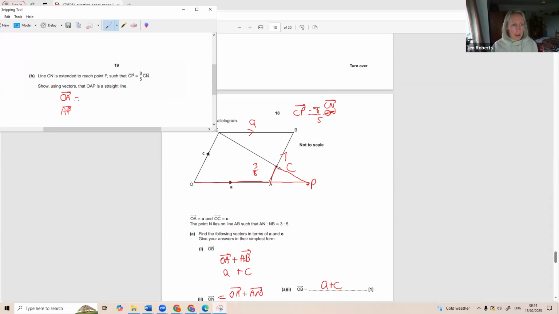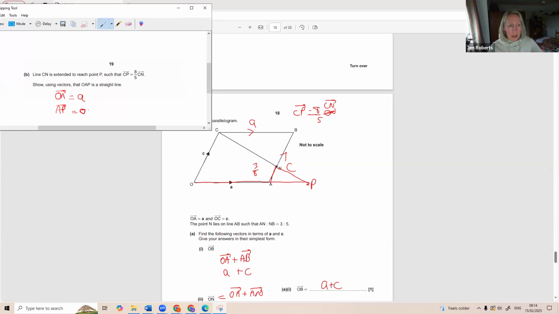So O to A is just A. We don't know this A to P, so we're going to have to find a different route around. O to P is O to C plus C to P. O to C is C, and C to P is 8/5 C to N.